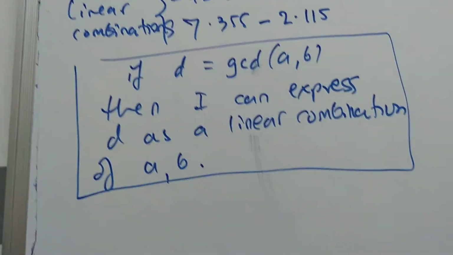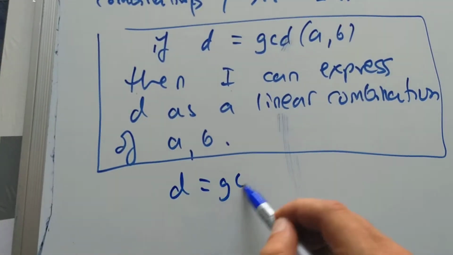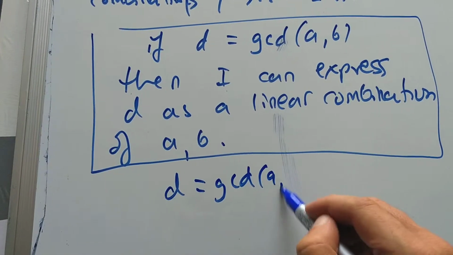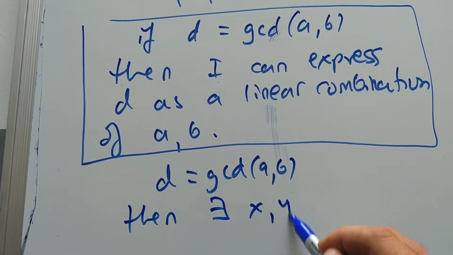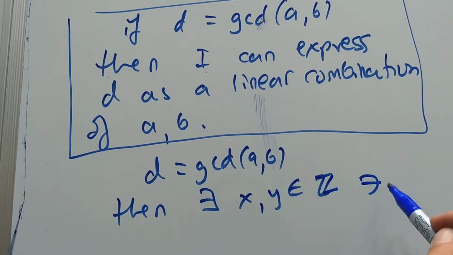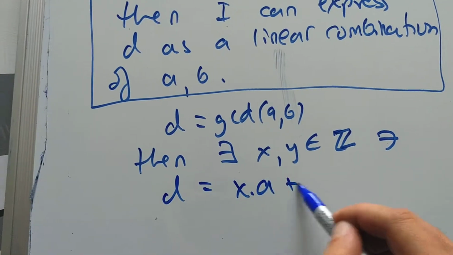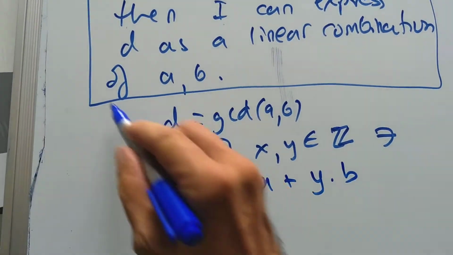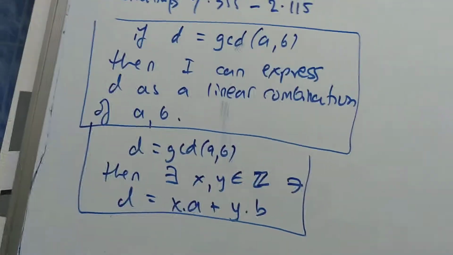Let's write it more mathematically. If D is the GCD of A and B, then there exist two integers, x and y, such that D is x times A plus y times B. Very beautiful. Okay, that's the idea.